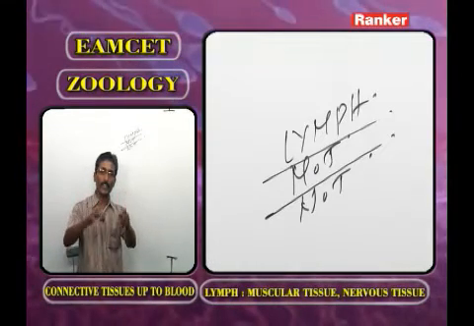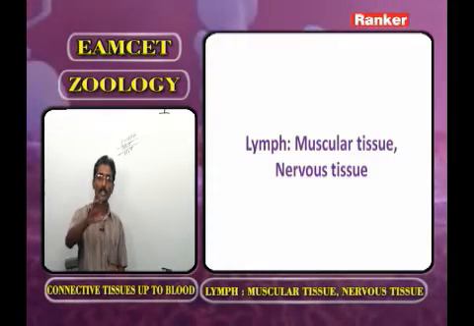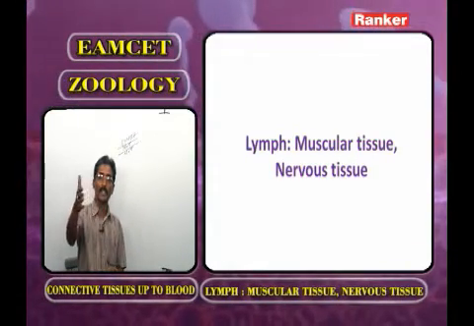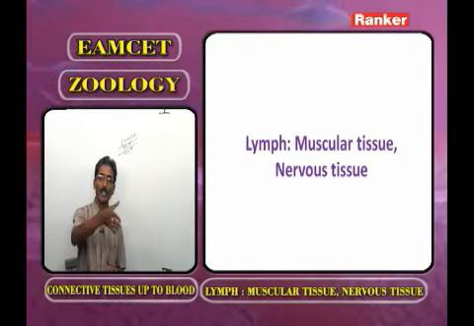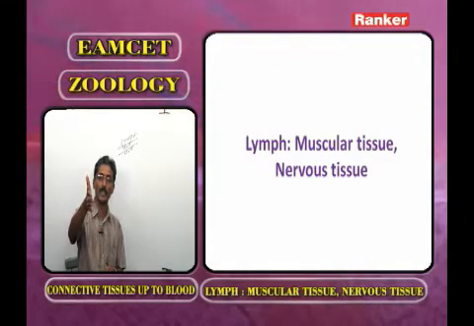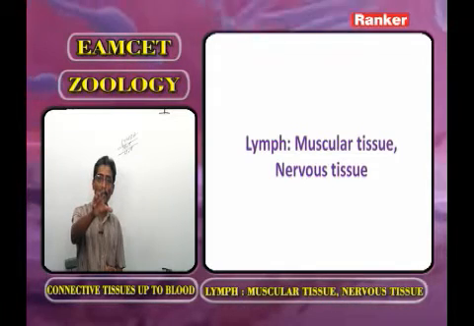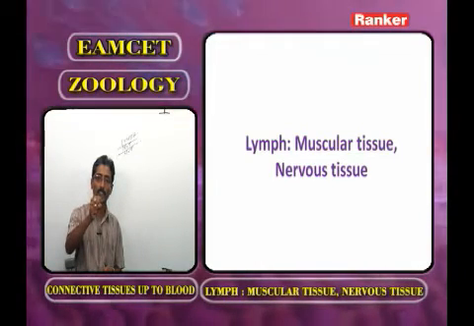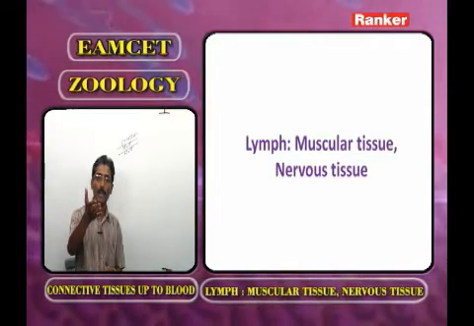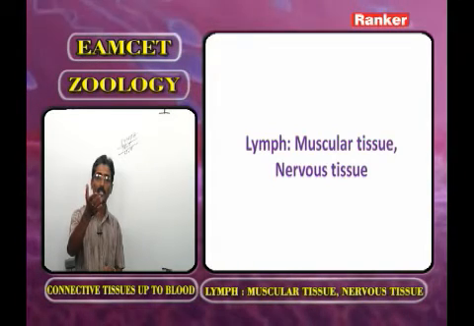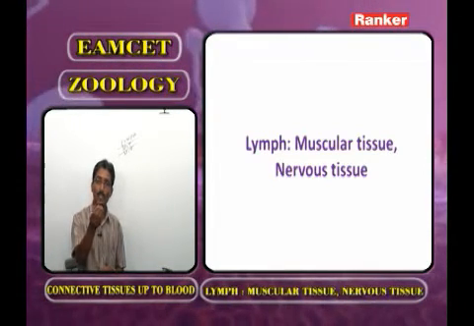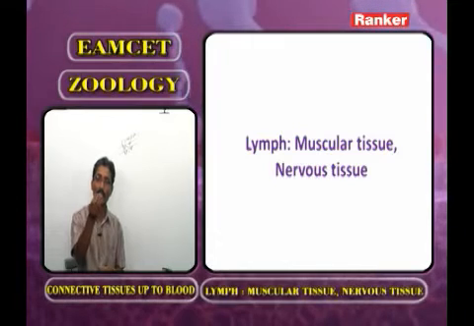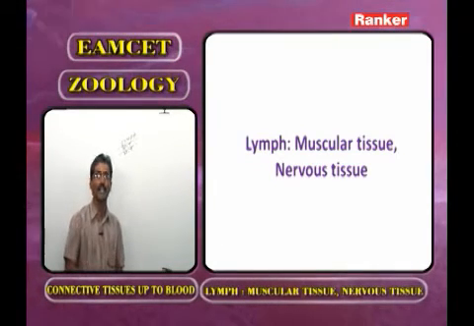What is the major difference between the blood and the lymph? In the blood RBC are present, whereas in the lymph the RBC are absent. In the blood, hemoglobin is present, whereas in the lymph, hemoglobin is absent. The blood plasma coagulates quickly, whereas the lymph plasma coagulates slowly, as the coagulating proteins are very low in amount.